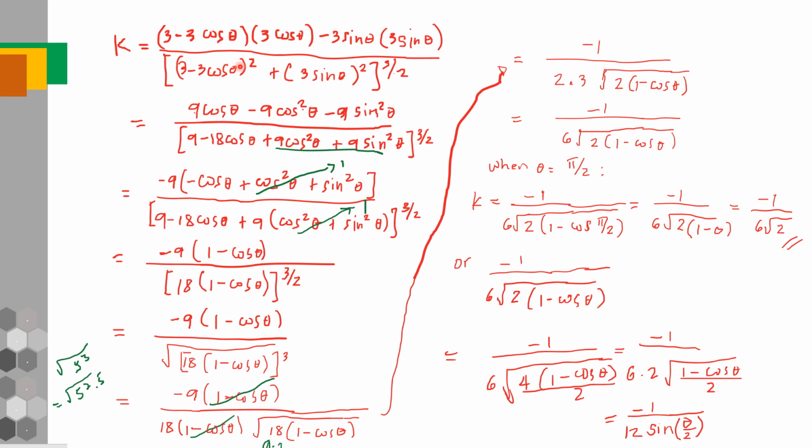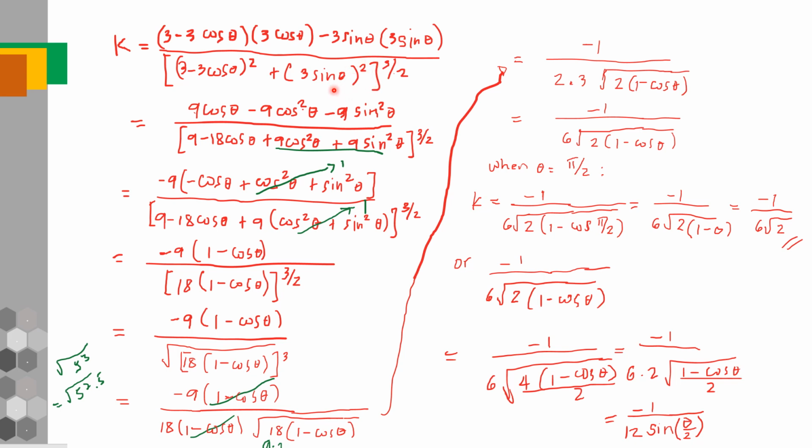Then, times 2 pa, kasi twice. Ang sabi ko kanina is twice. So, we have 9 times 2 is negative 18 cosine theta. Plus the square of the last term, which is 3 square and cosine square. So, we have 9 cosine square of theta.